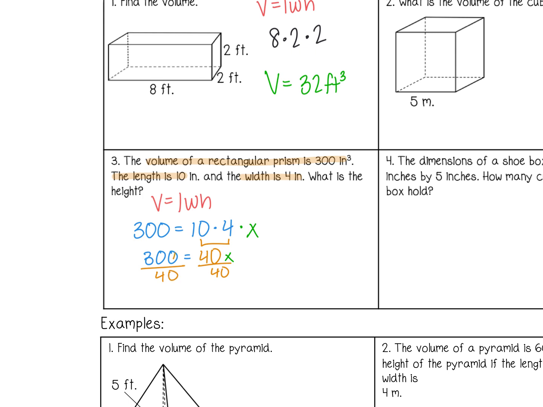Because they both end in a 0, I'm just going to go ahead and cancel those zeros out. And then what's 30 divided by 4? 7.5. Good, 7.5 inches. I don't have to cube it because I'm just finding a piece of it. I'm finding my height. Nothing too difficult. Once you know your formulas, plug it in and work backwards if you have to.